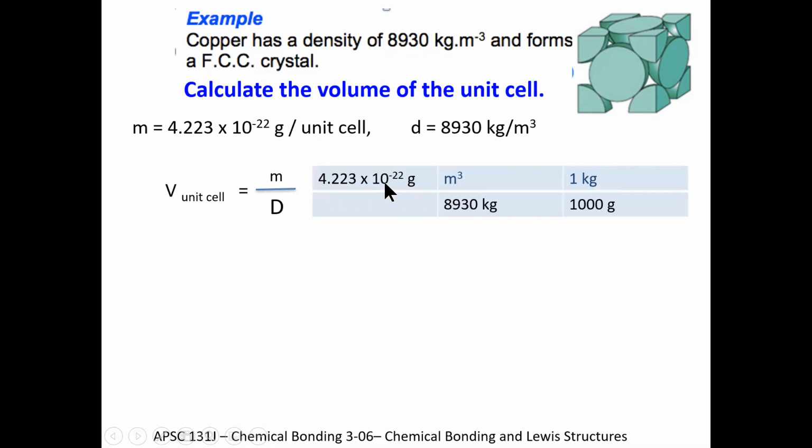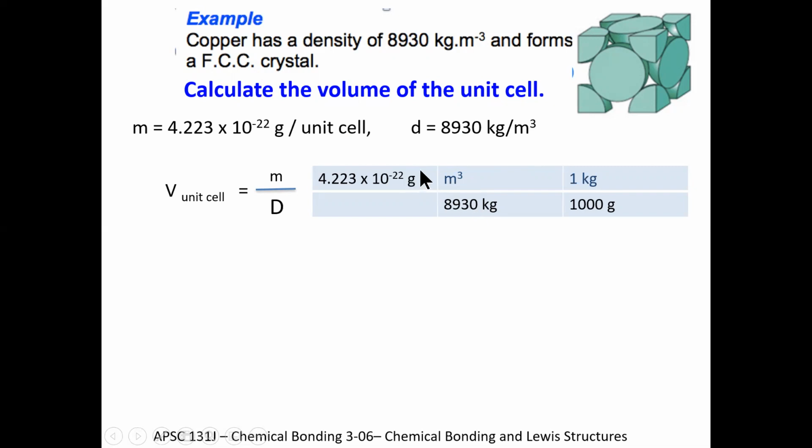So we know the mass. We've calculated the mass of those atoms in the cell. That was the mass of 4 atoms, remember, because there's 4 atoms in here. And we know there's 1,000 grams in a kilogram, and there's a cubic meter, in this case, for every kilogram.